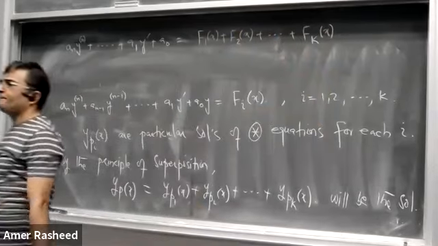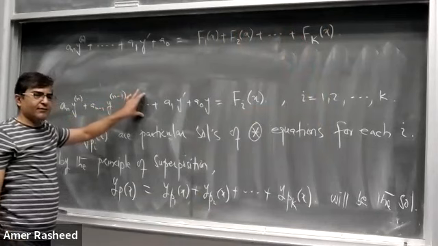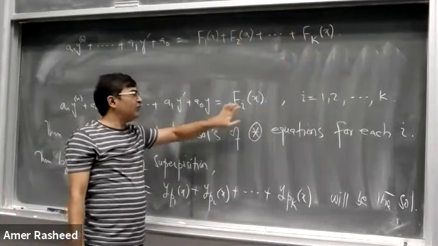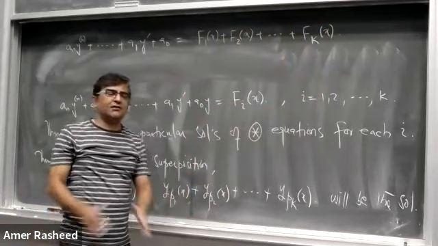These are individual k equations where we have f1, f2, f3, and so on up to fk, k right-hand side functions.